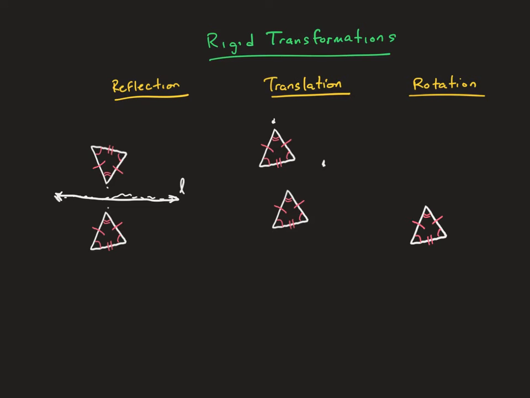And then if I come over here and I look at this rotation, now a rotation on the other hand is not going to slide, not reflect, but it is going to rotate on an axis. So this image may rotate around an axis.